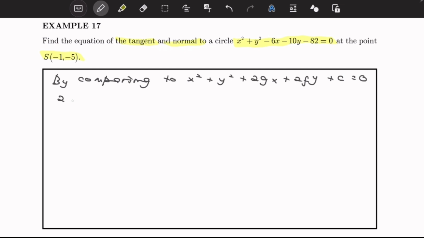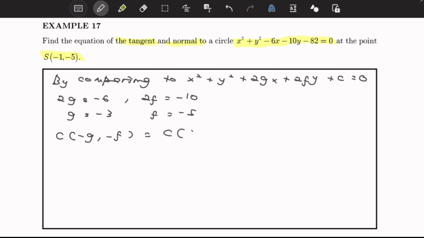So we have 2g equals -6. Therefore, g equals -3. And 2f equals -10, so f equals -5. We know that the center is given by (-g, -f). So our center is (3, 5).